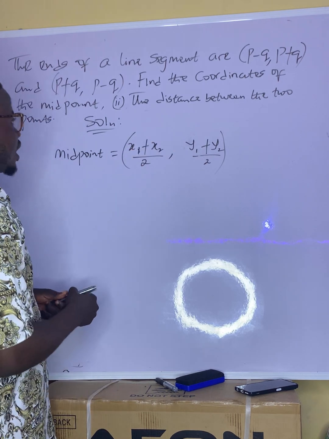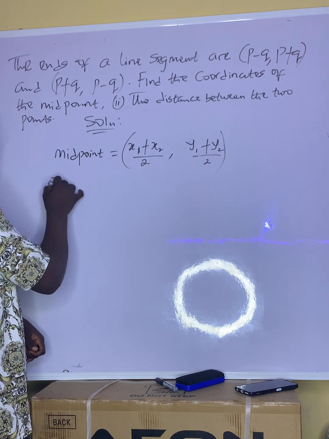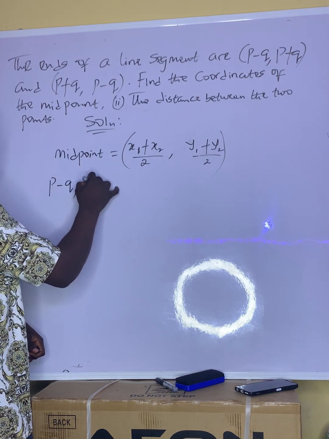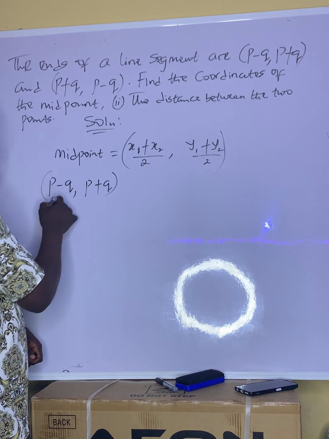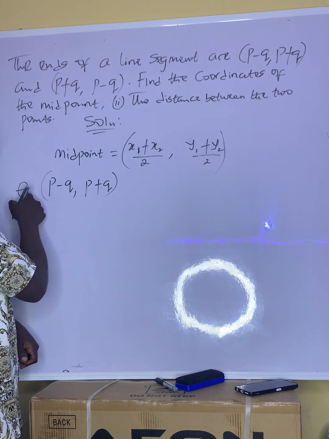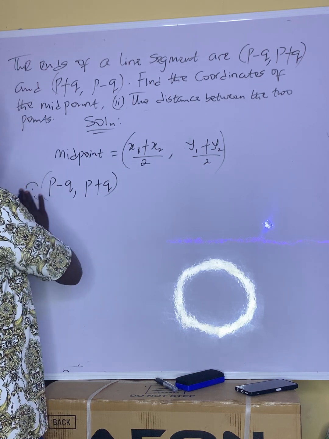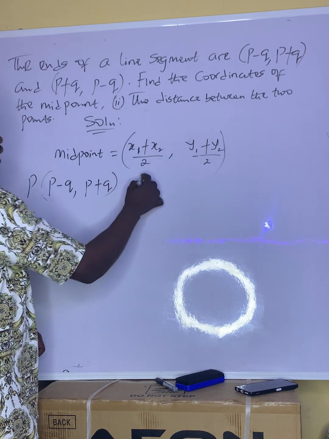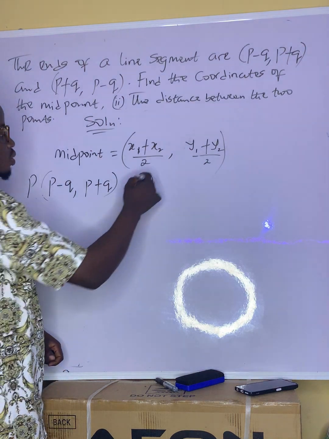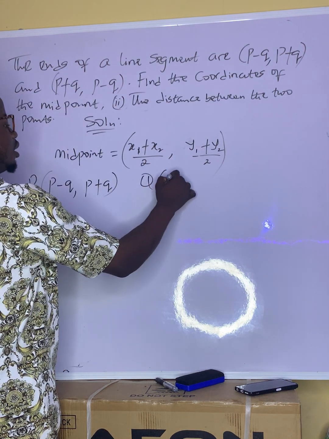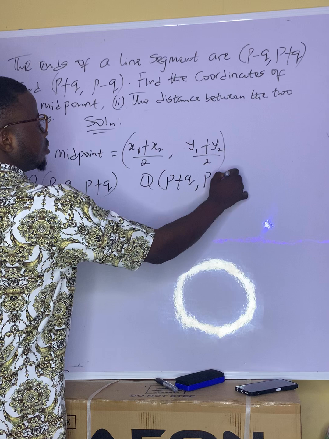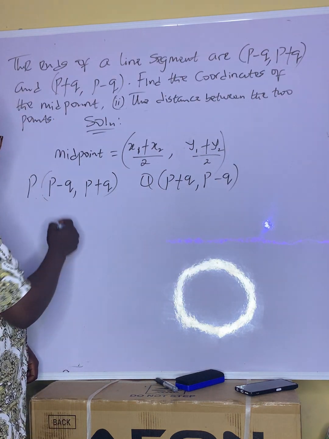So now we'll go to the first point. From the first point, we have P minus Q, then P plus Q. So here we have P plus Q, P minus Q for the second point.